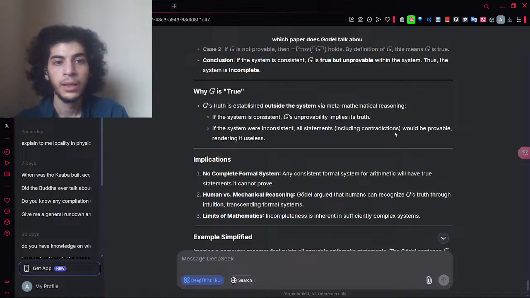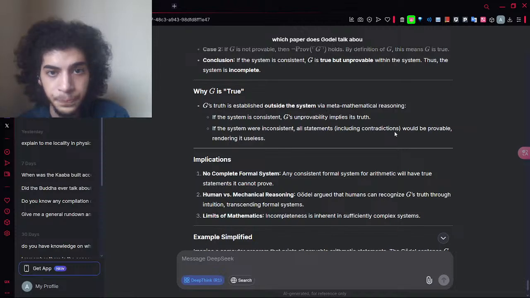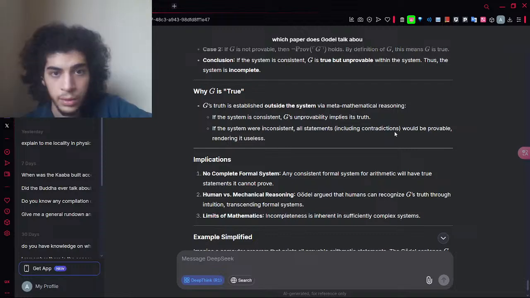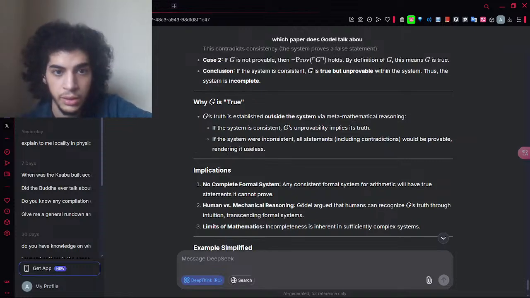G prime's truth is established outside the system via meta-mathematical reasoning. So it cannot be proven within the system. You prove it outside the system.